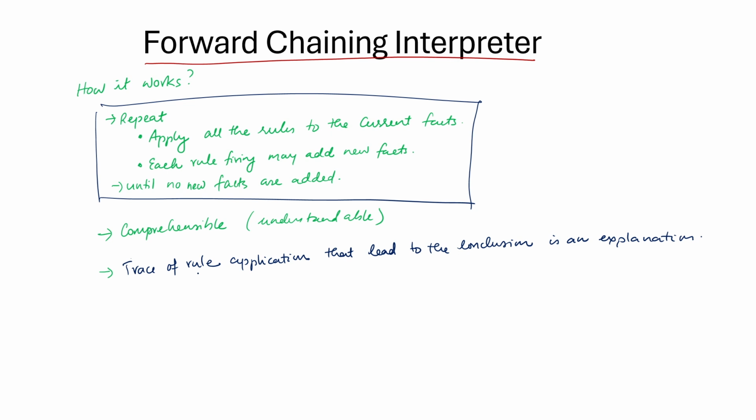If you trace the rule applications that resulted in the conclusion, that gives you the explanation, which means it answers why. The why question gets answered by the explanation.